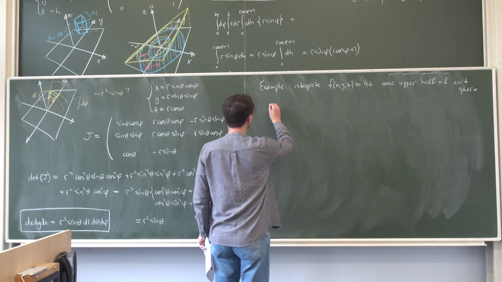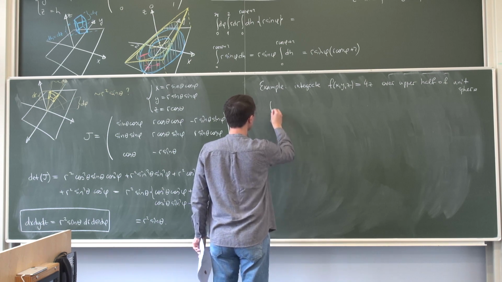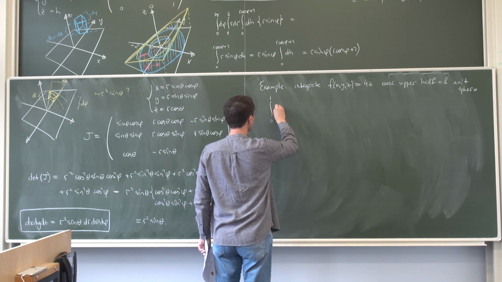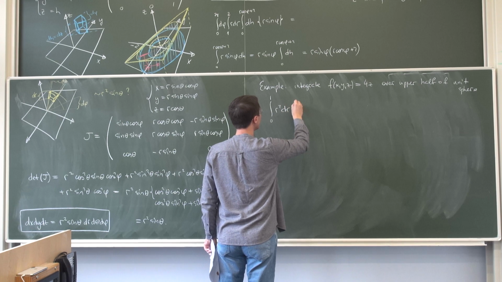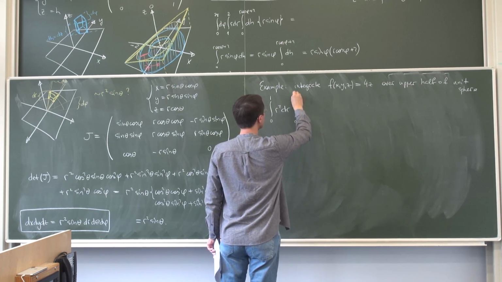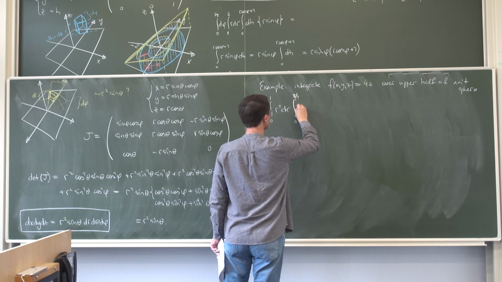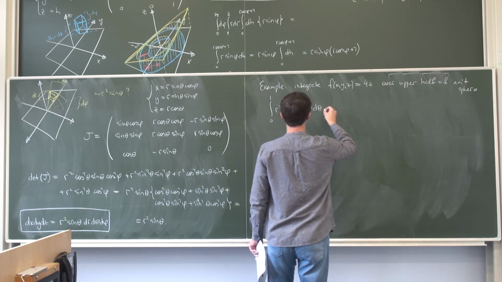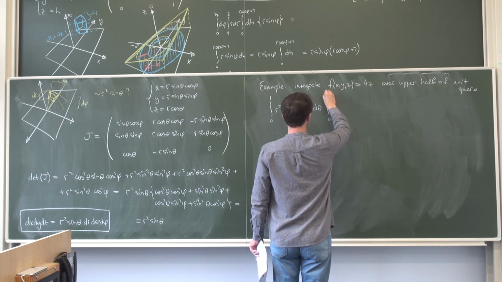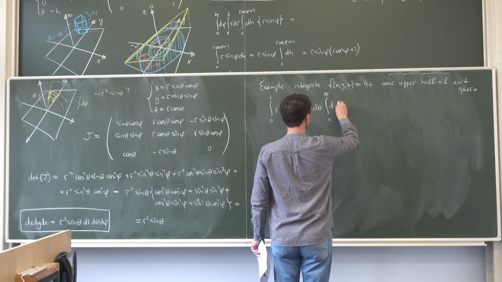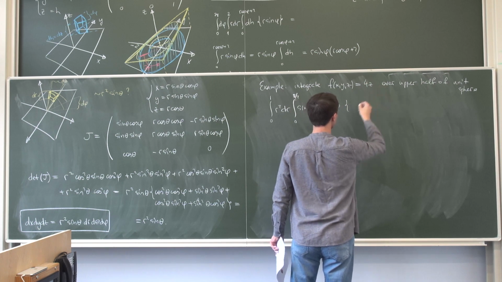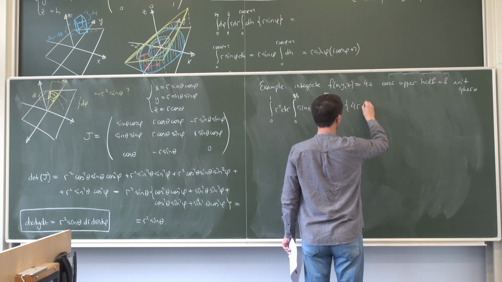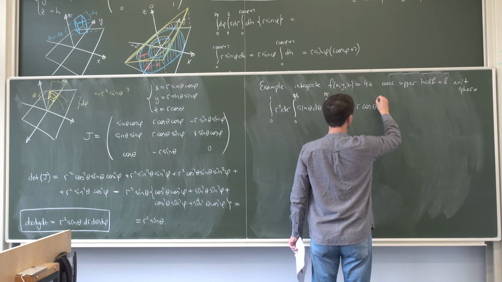So the integral is going to be from 0 to 1, r squared dr, from 0 to pi by 2 sine theta d theta, and from 0 to 2 pi d phi of 4z, so 4r cos theta.